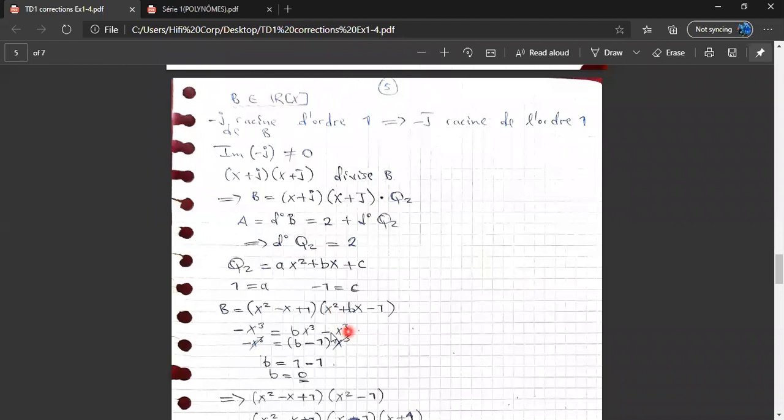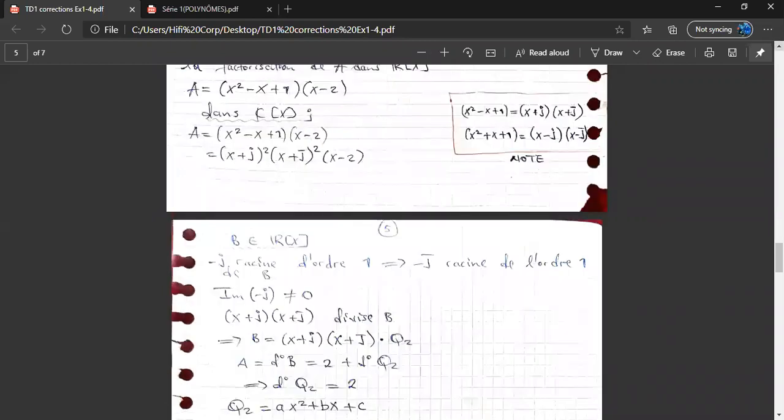So we factorize, we're going to have b minus 1 with x³. We remove, we're going to have beta equals 1 minus 1, because this will be negative. Here we have -1, so the negative will go to the other side. So b equals 1 minus 1. So b is equal to 0.